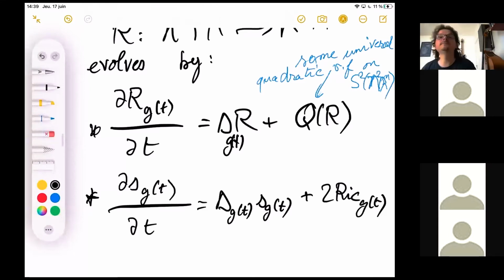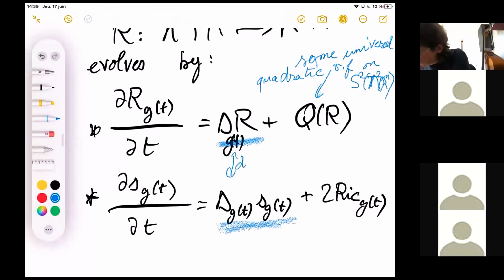And so all these geometric quantities tend to satisfy some kind of what are called reaction-diffusion PDEs or systems of PDEs. So the diffusion is the Laplacian term.